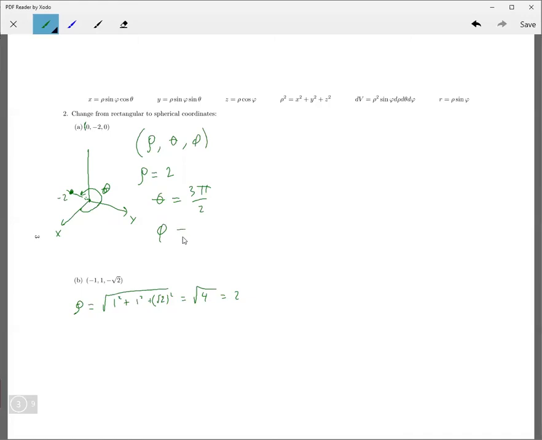And then phi, this is the angle that you make with the positive z-axis. So coming down here, let me do it in blue. This angle here, from the positive z-axis all the way down to the negative y-axis. What's the angle between the positive z-axis and the y-axis?